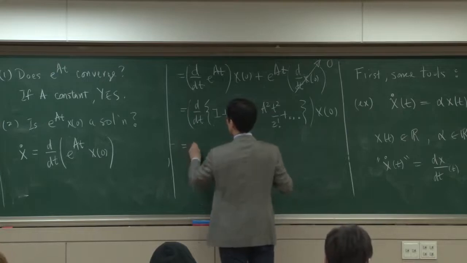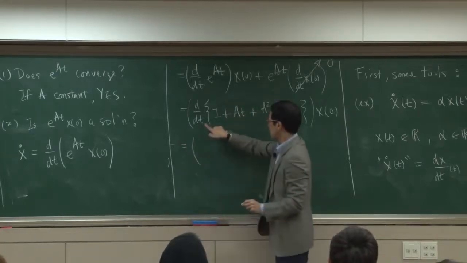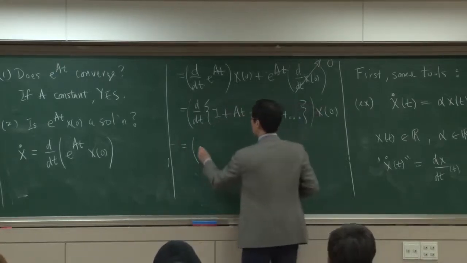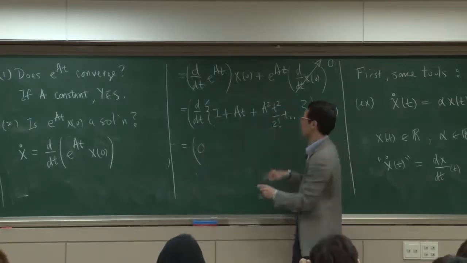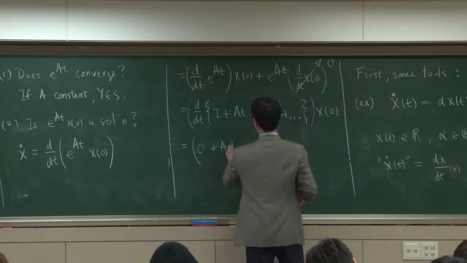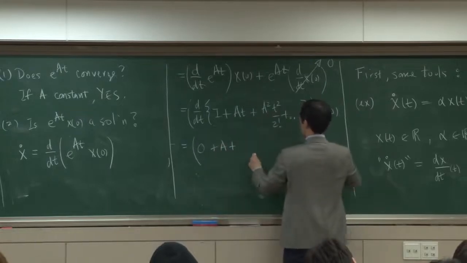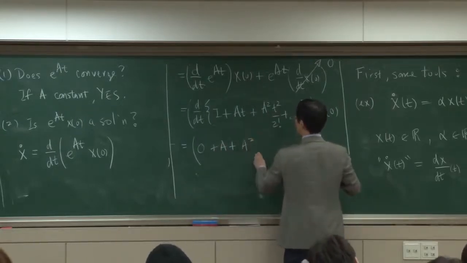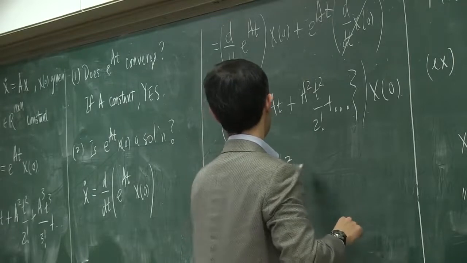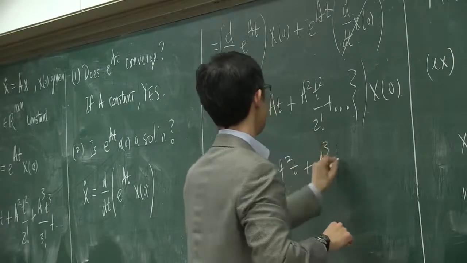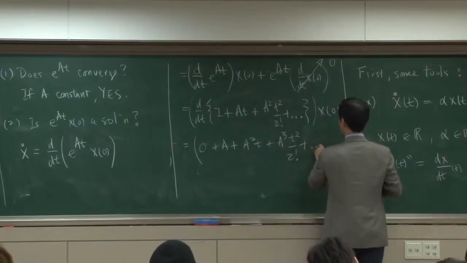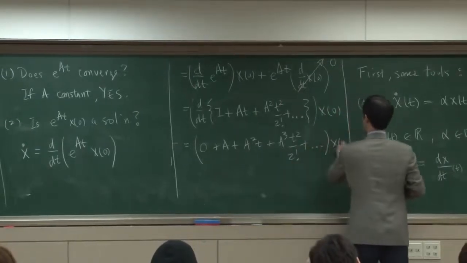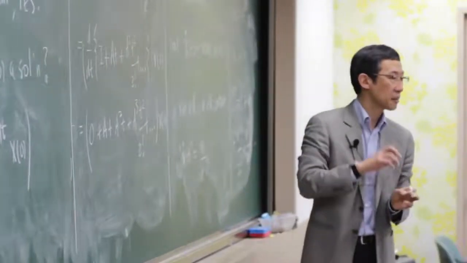So d dt of I is 0. d dt of a times t is just a. This is a squared times t plus a cubed t squared over 2 factorial. So there's a pattern here.